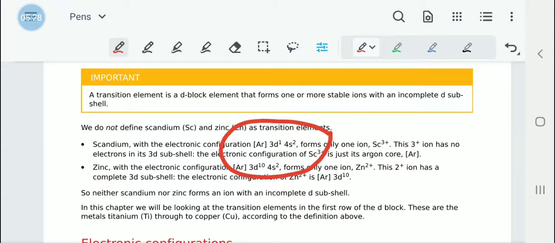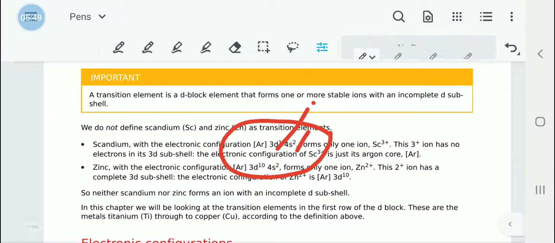Scandium has the electronic configuration up to argon and 3d1 4s2, because when it makes Sc3+, the 3d1 and 4s2 electrons go away. So the 3d has no electron in it, and argon is the configuration that you have.